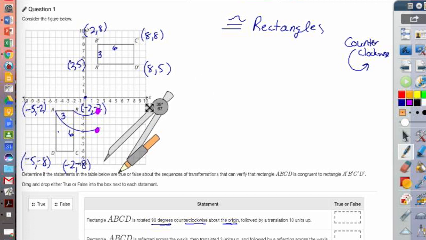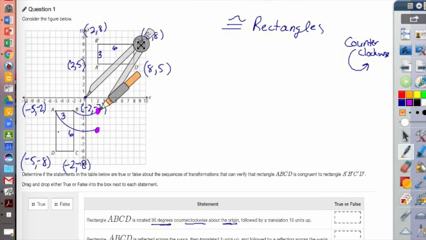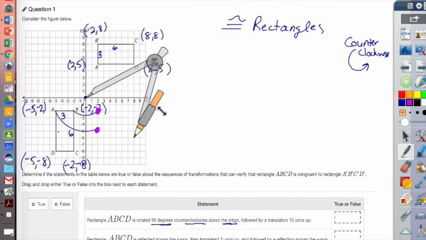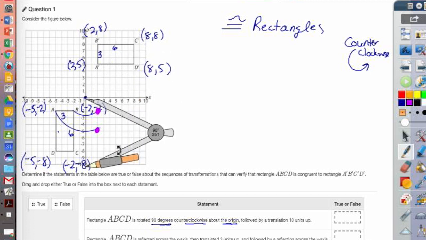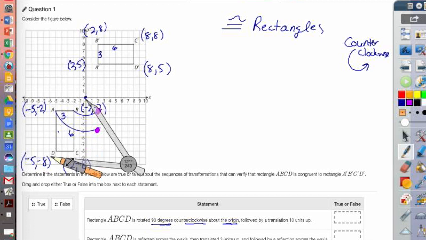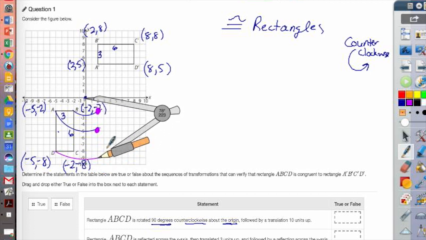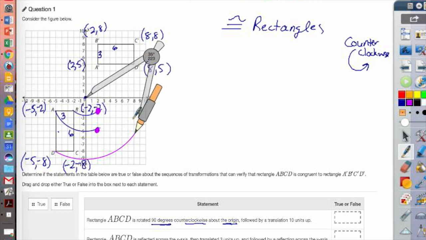Then we do the same thing with these. Right here, we're going to make it much bigger. Bring it over here, try to hit D. Pull it back just a touch. Now I'm going to rotate it about 90 degrees, which is about right there.